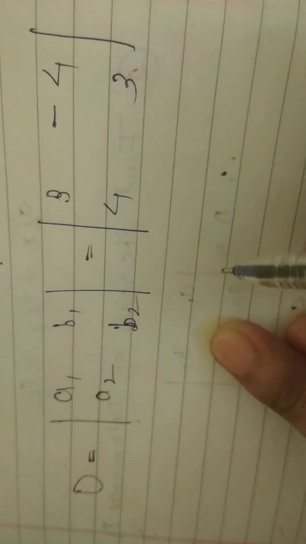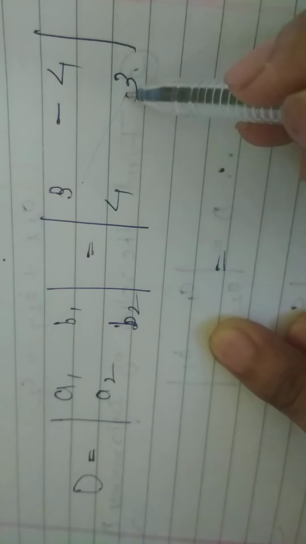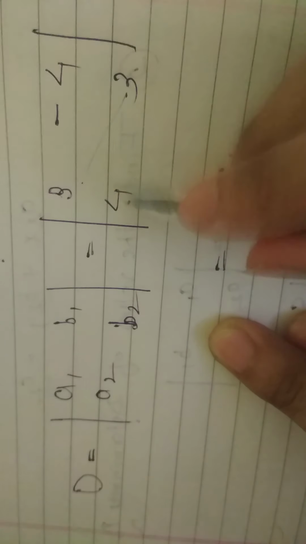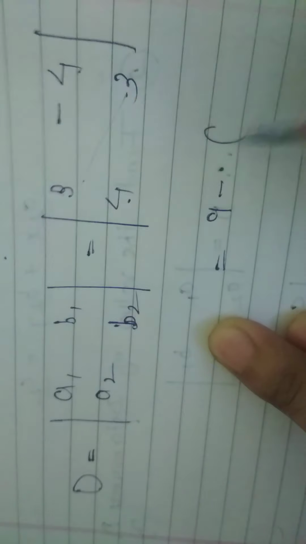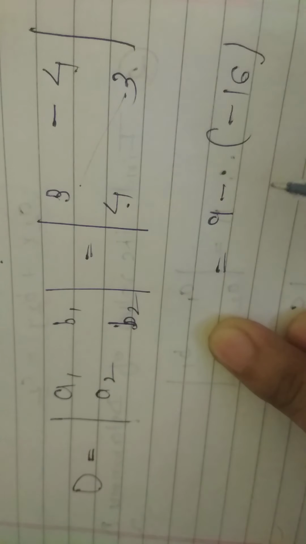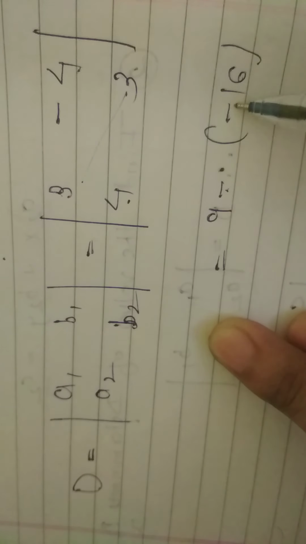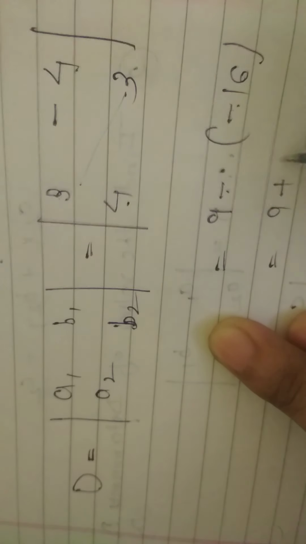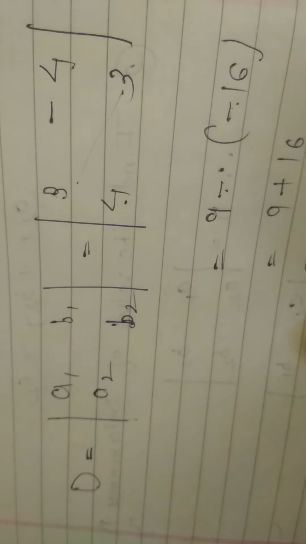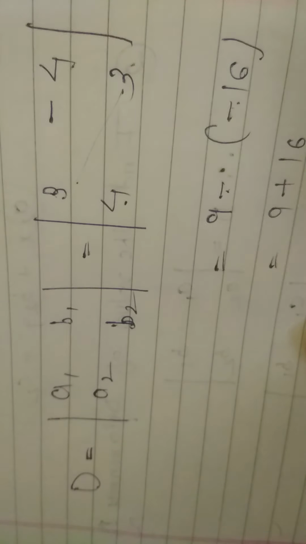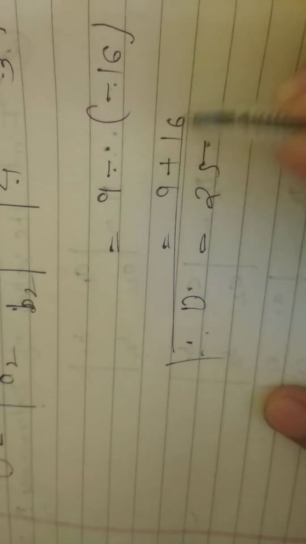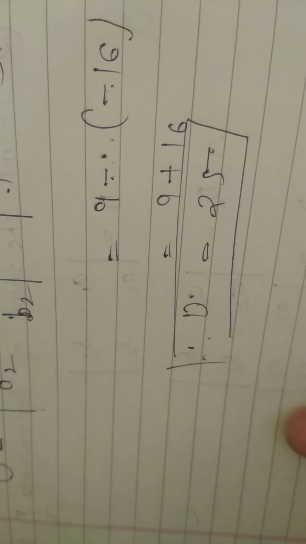Find the value of this determinant. Cross multiply. 3 3s are 9. 4 4s are 16. Here minus, so minus 16. Now minus minus, when you open the bracket, becomes plus. So 9 plus 16 is 25. So the value of determinant D is equal to 25.